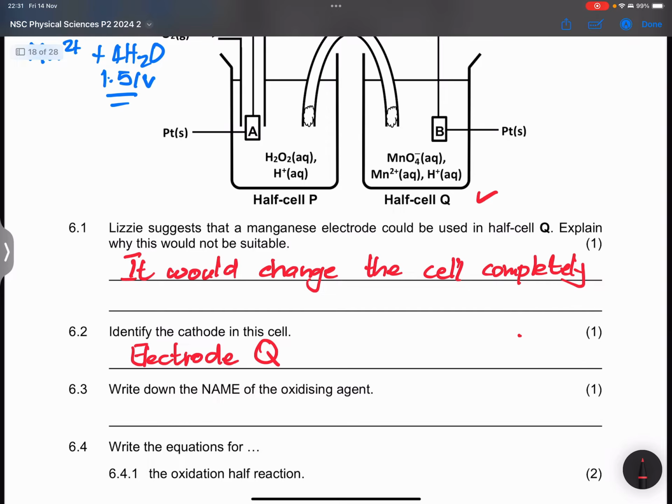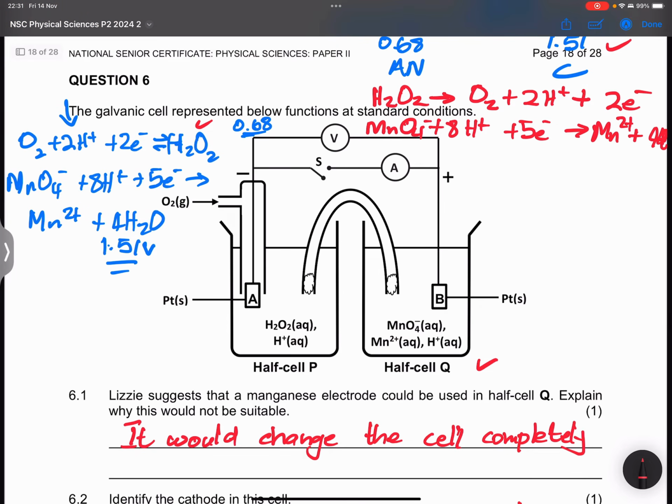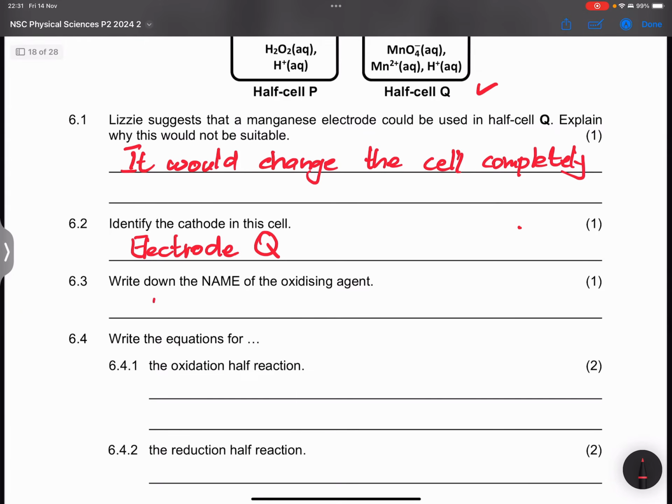They say write down the name of the oxidizing agent. Remember, the oxidizing agent is the one that undergoes reduction, and it is definitely going to be this guy, the gain of electrons, MnO4 minus. They said the name, so that's going to be the permanganate ion.